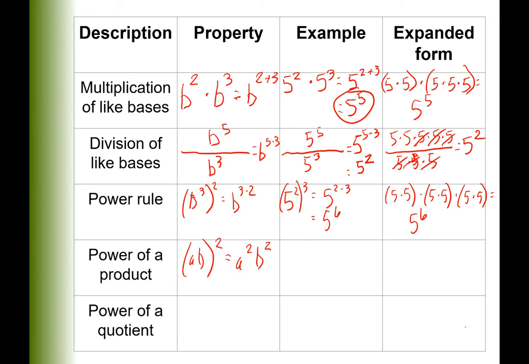So say we have 5 times 3 in parentheses, and we're squaring it. What we're going to end up doing is just squaring each individual number. So 5 squared times 3 squared.